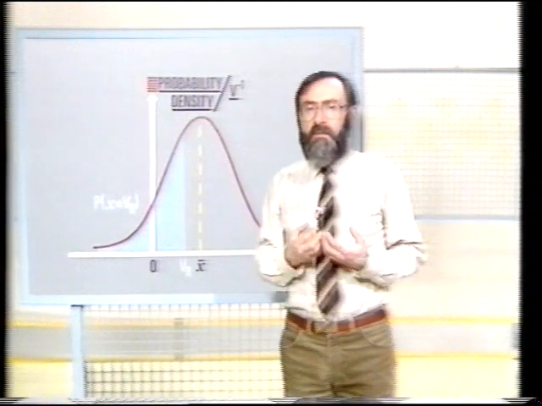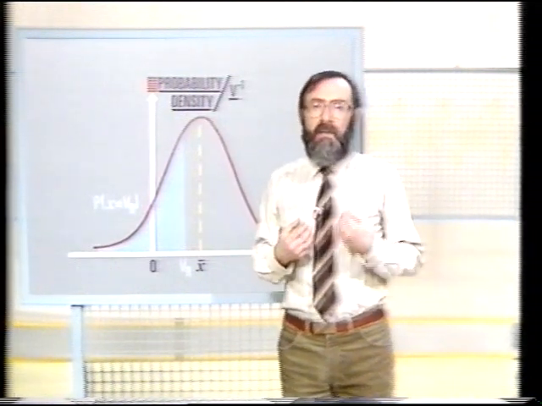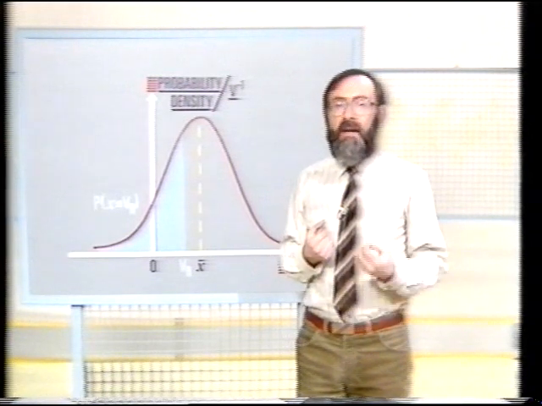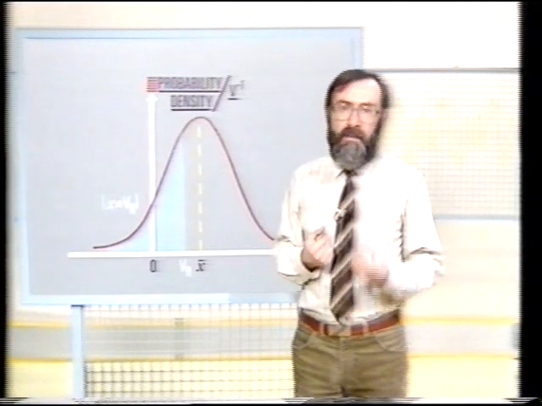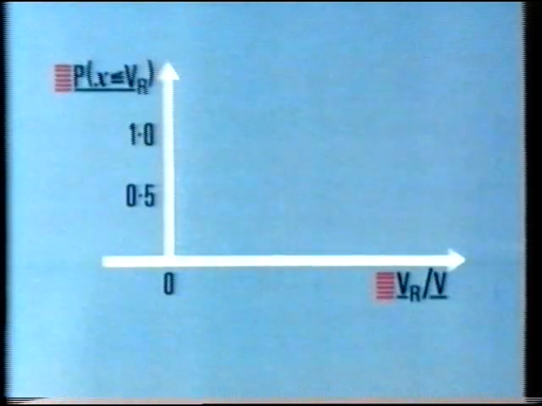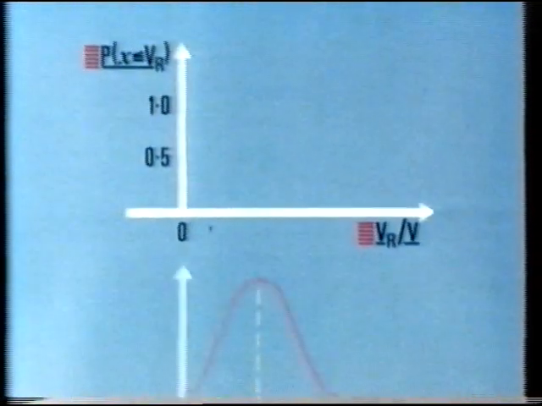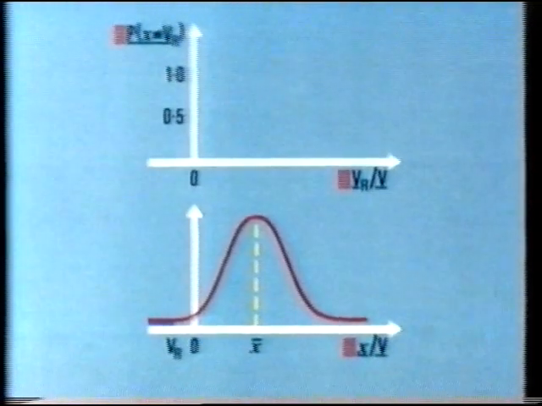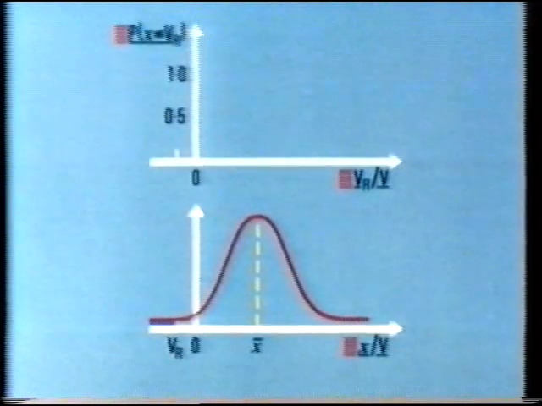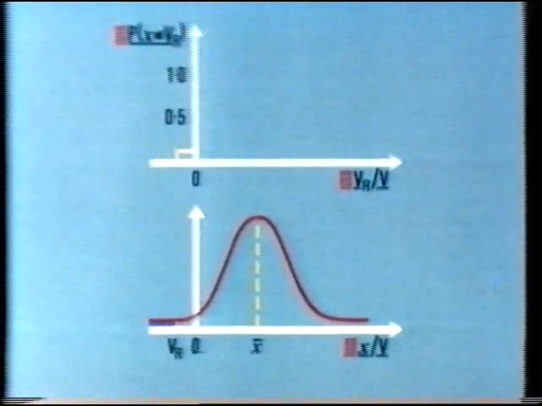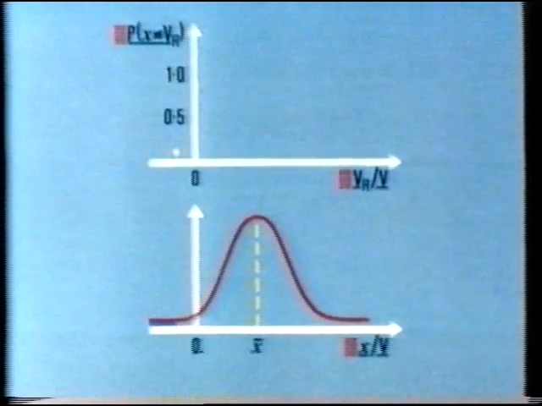Now, the cumulative distribution curve is a plot showing how P varies as VR varies. And it's like this. We plot P, the cumulative probability, against VR. For each value of VR, we plot the corresponding value of P as given by the area under the bottom curve.